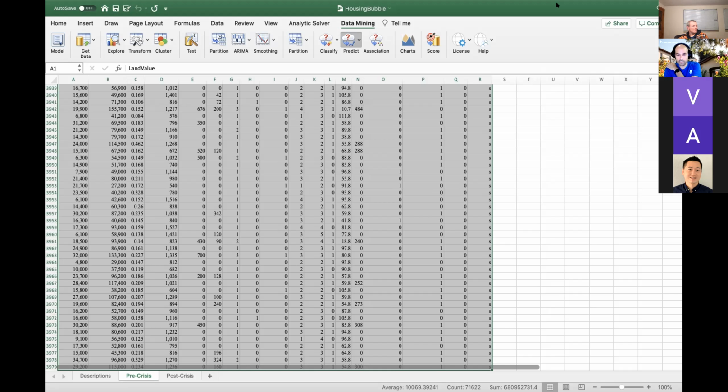These 1,978 observations have been split into a training set and a validation set. The post-crisis worksheet contains 1,657 single-family homes sold during the 1-year period after the burst of the housing bubble. These 1,657 observations have been split into a training set and a validation set.